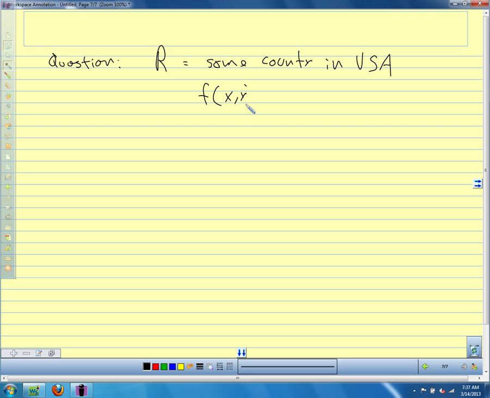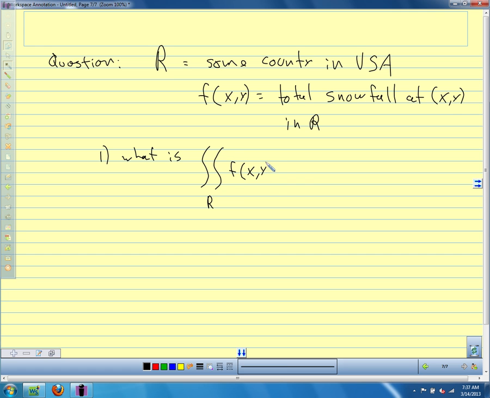And we're going to say this function f of xy is the total snowfall at some point xy in R. So in our county, my first question: what is this? How would we interpret that, given this?